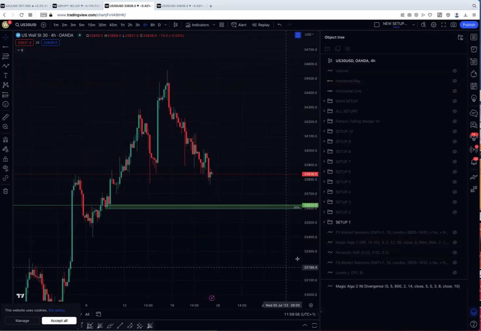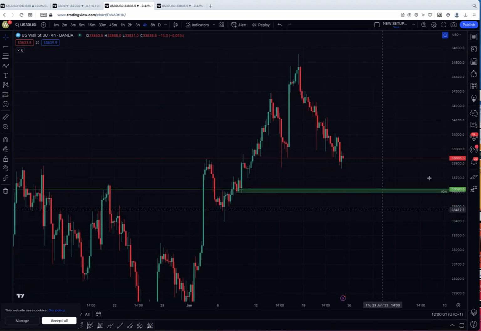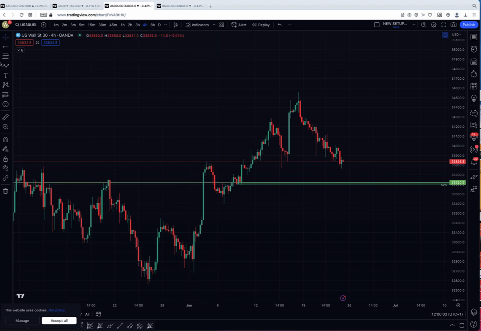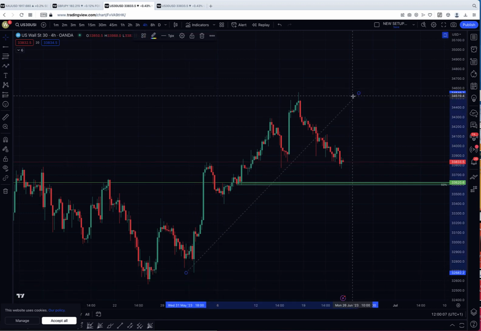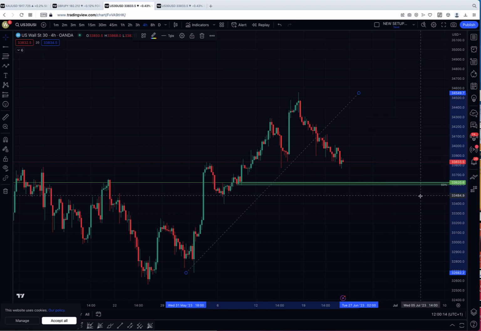Okay, so this level 33620 is 50% retracement from this impulsive move. Just to show you briefly, let me go to normal Fibonacci. Okay, like this.